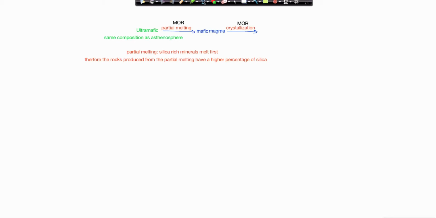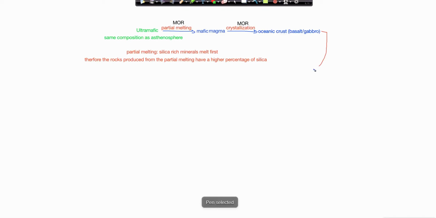And once they crystallize, they then become oceanic crust. So remember, oceanic crust is basalt or gabbro. Remember, we talked about this in chapter 21. At the surface is basalt. As you go deeper down, you get gabbro because you have slower crystallization.